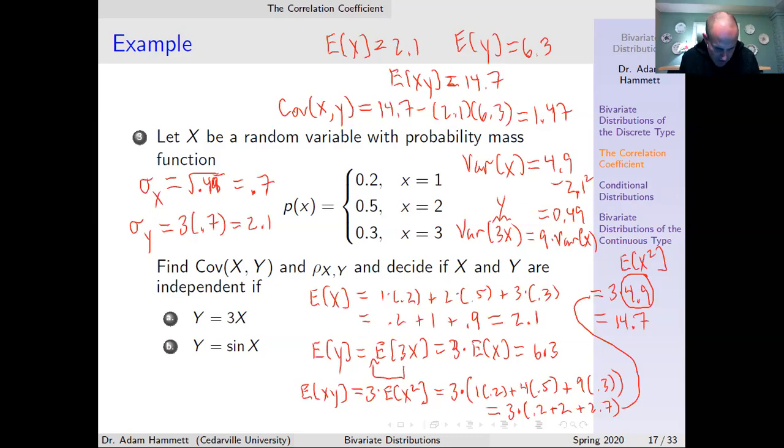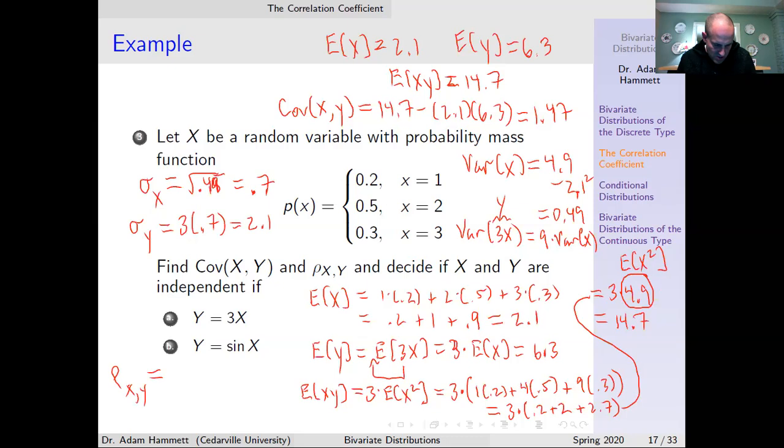So what is the correlation coefficient here? Let me write this down. Sigma sub xy. What is that going to be? Well, that's the covariance over the product of these two things.